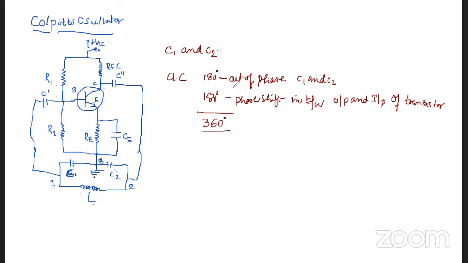So after this circuit operation, we have to derive the frequency of oscillations in the case of the Colpitts oscillator.